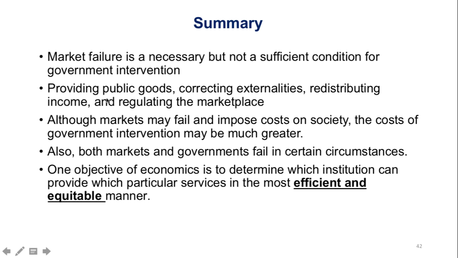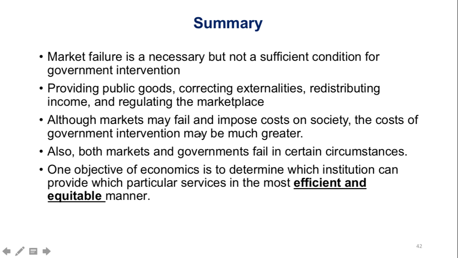So the roles are providing public goods, correcting externalities, redistributing income, and regulating the marketplace. We need enough information to have a net gain in the market from government involvement.